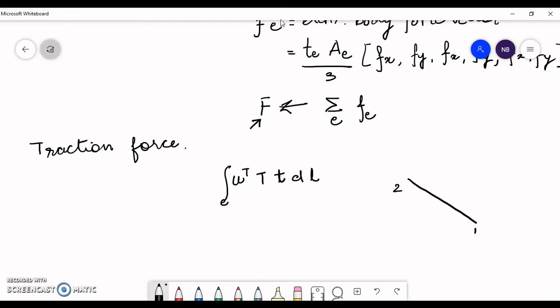Okay, so now let us consider an edge with nodes 1 and 2, and the length of this is L12.